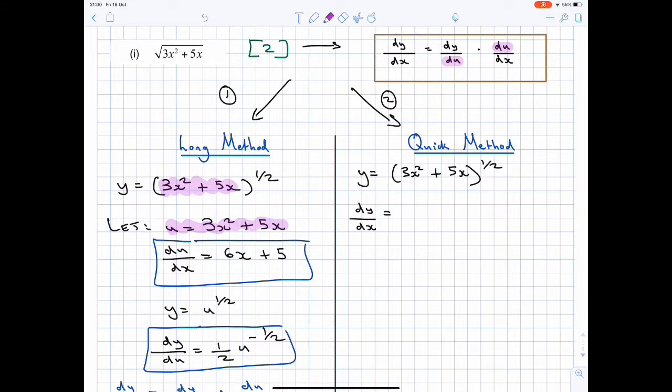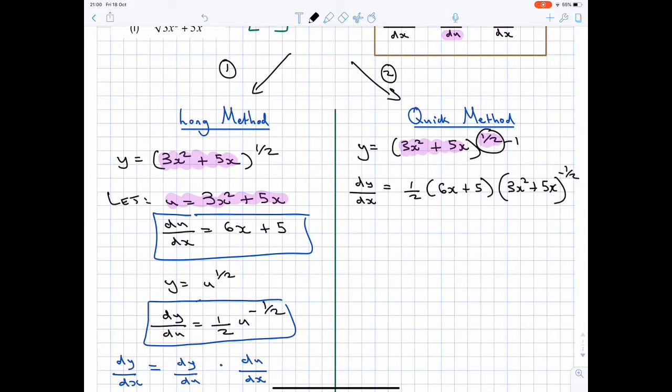Now what you want to do is first, this here, 1 half, you want to bring it down. So that's 1 half, and you're going to times it by what you get if you differentiate this here. If we do that, we'll get 6x plus 5. And the rest will stay the same, 3x squared plus 5x. Then you minus 1 from the power, so you get minus a half.